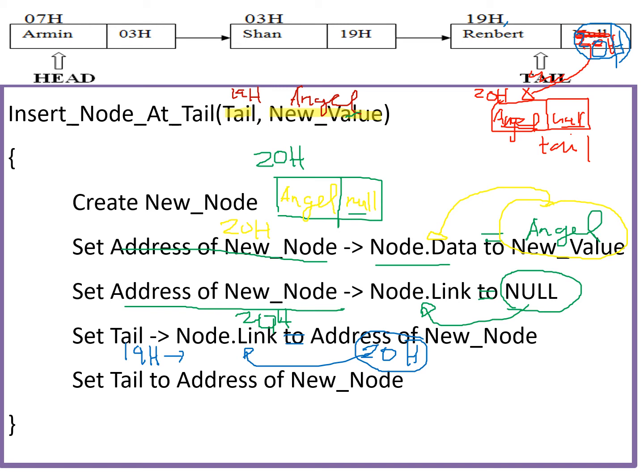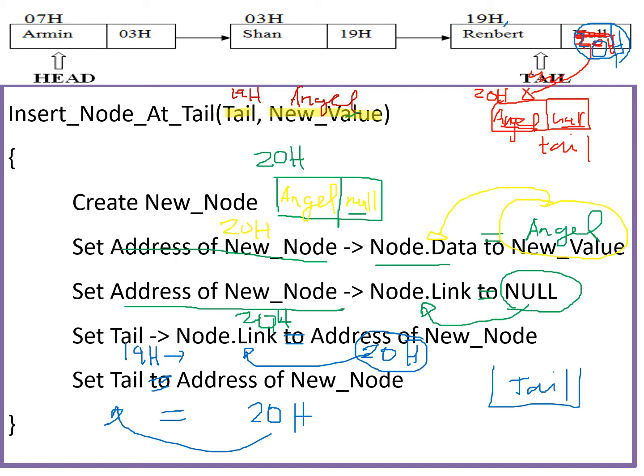And then, we now assign tail equal to the address of the new node. So, we assign the address of the new node, which is 20h, as our new tail.